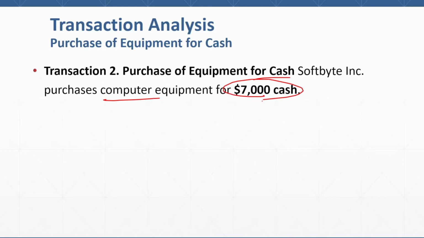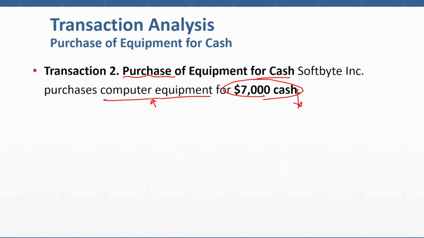So here we have purchased an equipment, right? When we purchase things, we pay. So cash goes down. We lost our money, $7,000. We don't have it anymore. In exchange, we received a new piece of equipment.